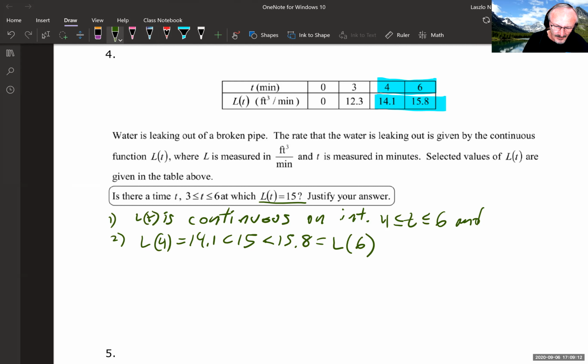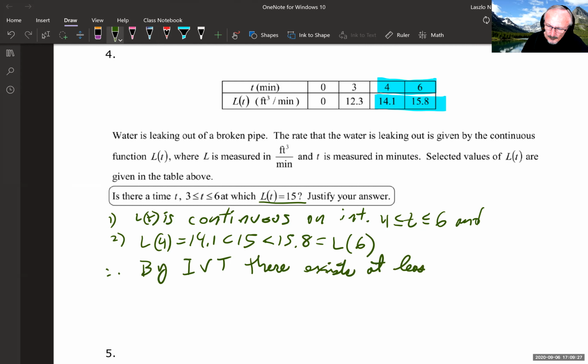Once we have that, then therefore by IVT, you have to use the names of our theorems always. So therefore by IVT, there exists at least one, and then we can of course use at least one c or at least one t, where t is between, and this is the important part.